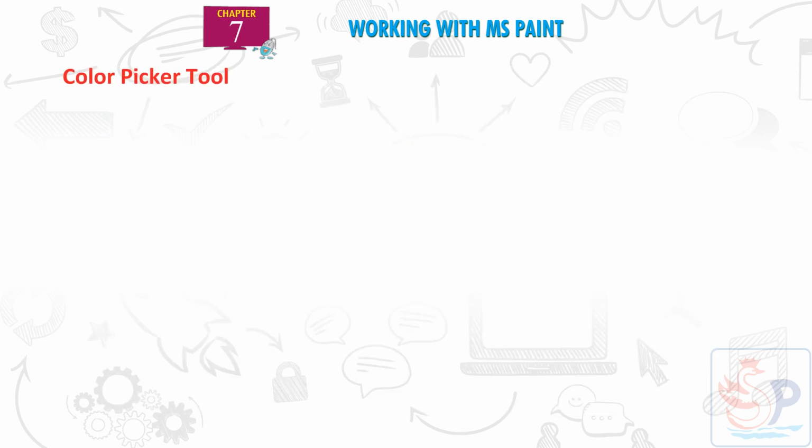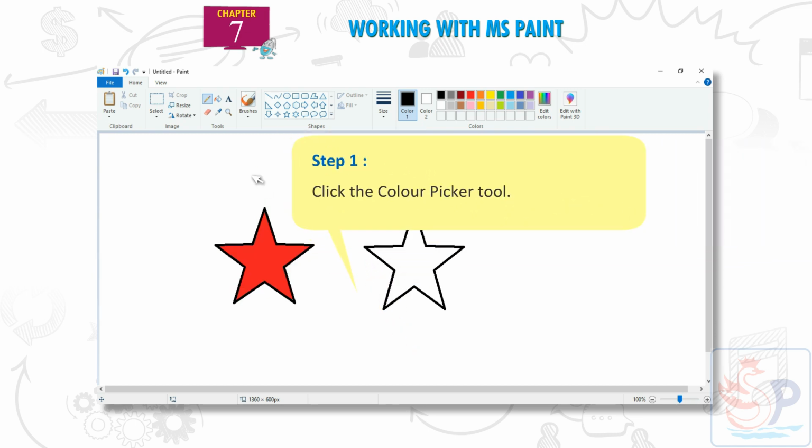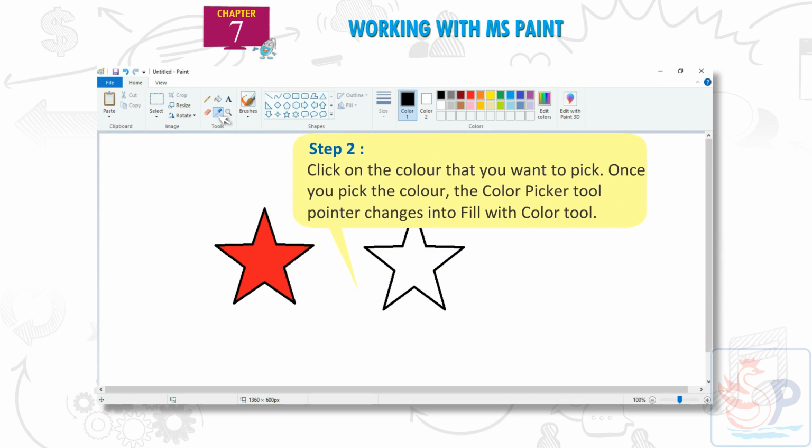Color Picker tool. The Color Picker tool picks a color from an image and fills it in other images. The steps to using this tool are as follows. Step 1. Click the Color Picker tool. Step 2. Click on the color that you want to pick.